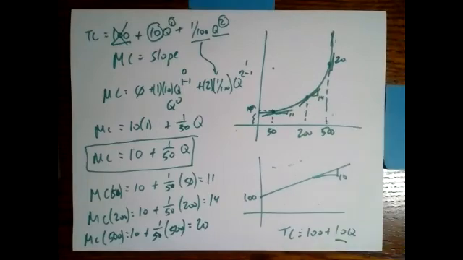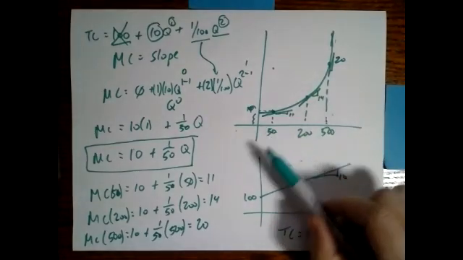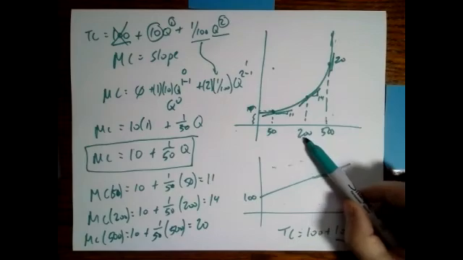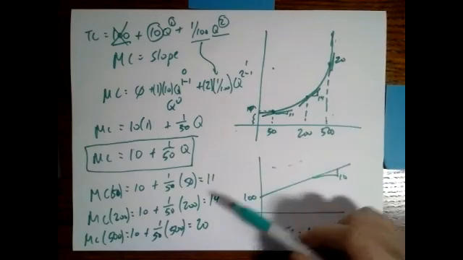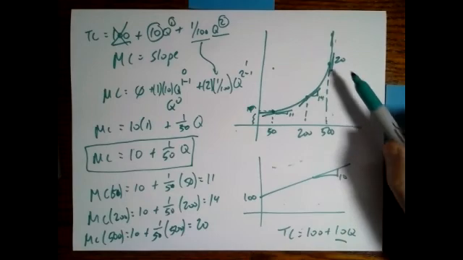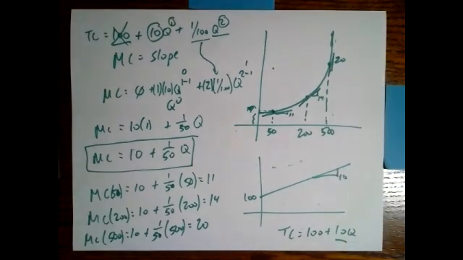So the marginal cost at 50 is going to be 11. The marginal cost at 200 is going to be 14. The marginal cost at 500 is going to be 20. So what does that mean? Let's reiterate. What does the marginal cost mean? It means the cost of doing one more.